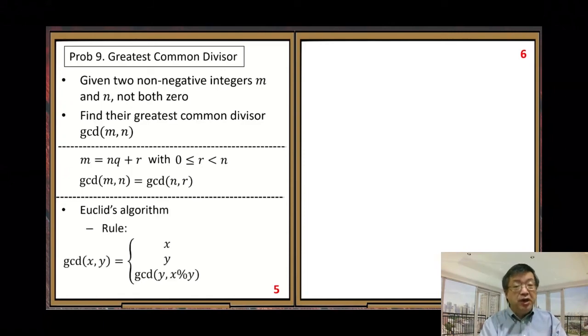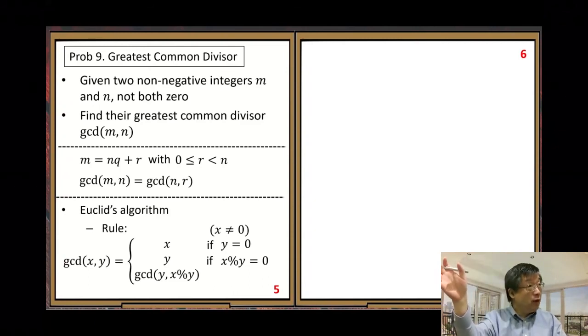When we calculate GCD of x and y, we have three cases. The first case, when y equals 0, the answer is x, but we should make sure x is not equal to 0. The second case, when x mod y equals 0, we know that in this situation y cannot be 0, so x mod non-zero y equals 0, then the answer is y. So two simple special cases.